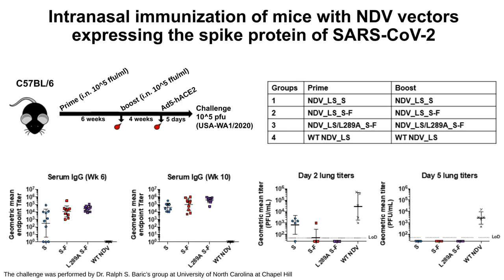And if we challenge the animals again, we get a very good reduction at day 2 and day 5 of viral replication in the case of the ones that have the improved vector with the spike, with the cytoplasmic tail and the transmembrane domain replaced from the ones of the glycoprotein of NDV. We don't see any virus at day 2 or at day 5 in the lungs of these animals.